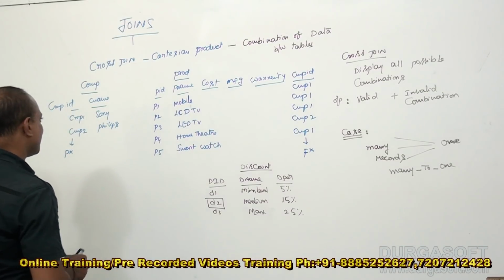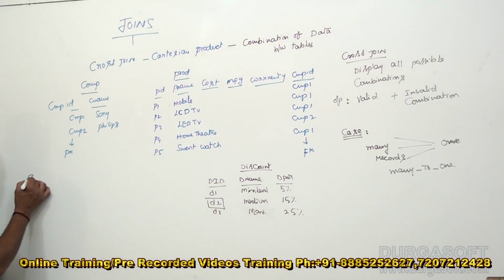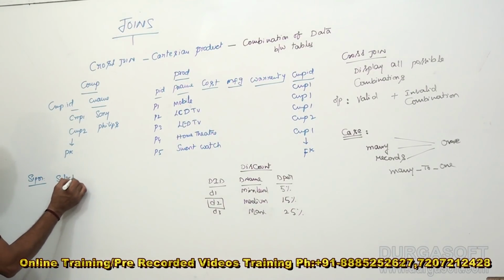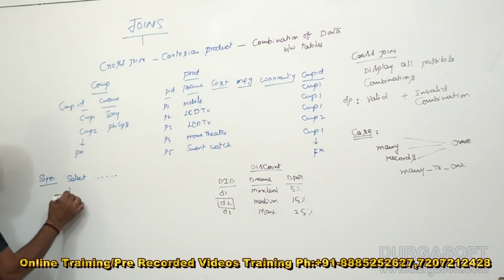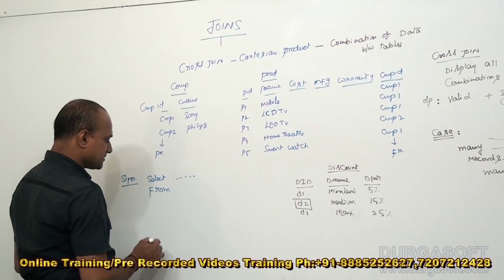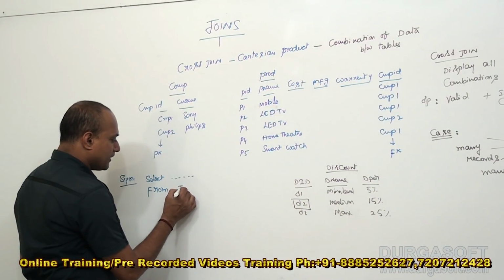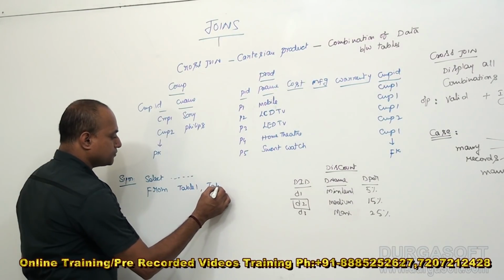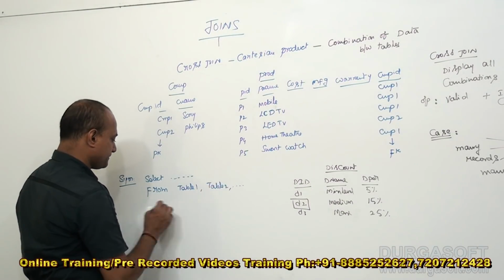Before that, what is the syntax of cross join query? The syntax is: select whatever data you want, from the tables you are selecting data from, table 1, comma, table 2 and so on.